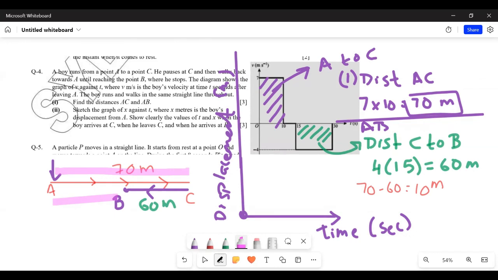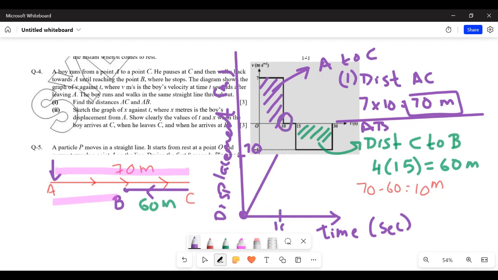So let's make a line going up. It has some certain speed and then it reaches 70. So this would be 70. And he reaches 70 at 10 seconds.